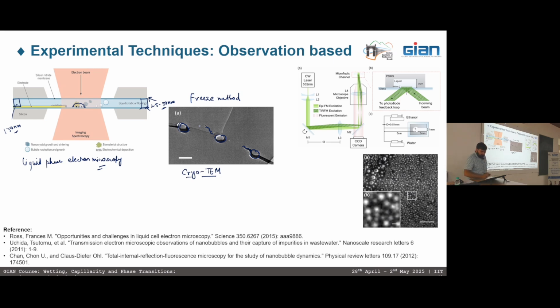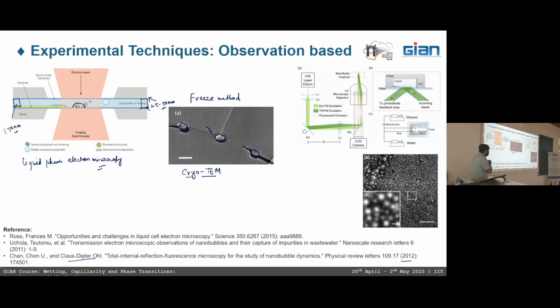This is another method. This paper was published in 2012 by the group of C.D. Ohl. Here they have used total internal reflection fluorescence microscopy. We know that total internal reflection takes place at interfaces, and if at the interface we change the density somewhat, we can get a signature, because it will affect how much total internal reflection is taking place.